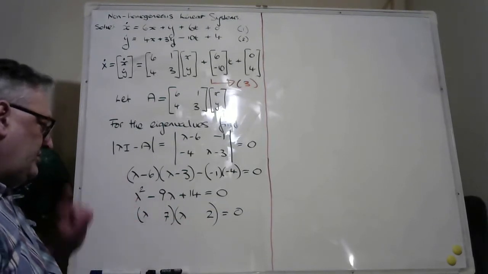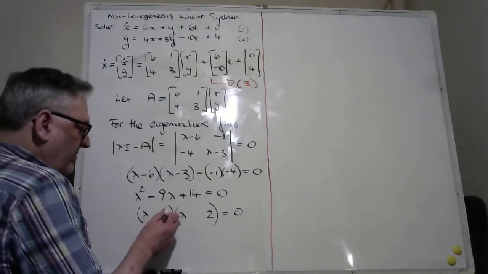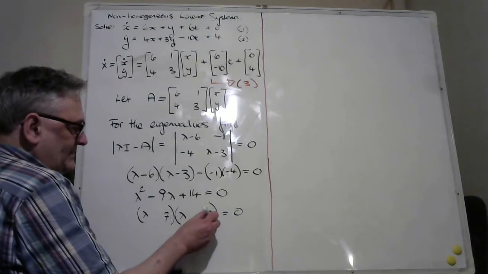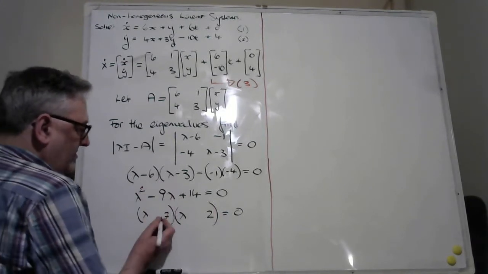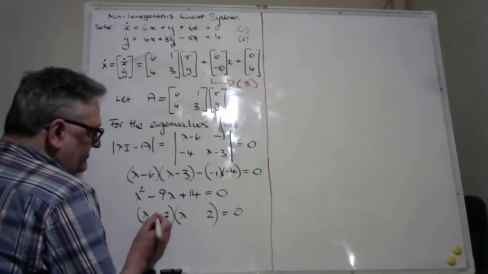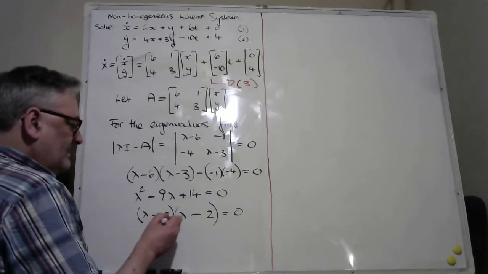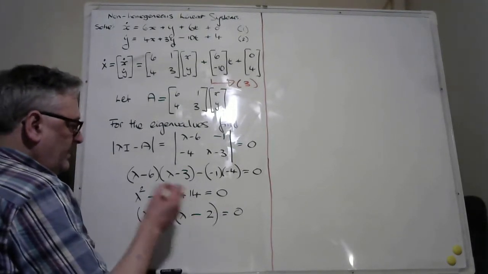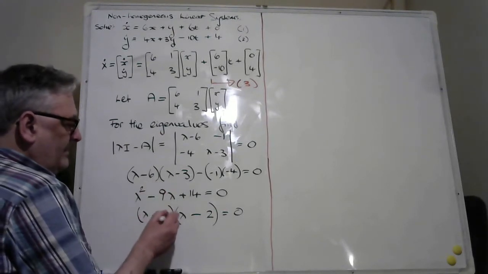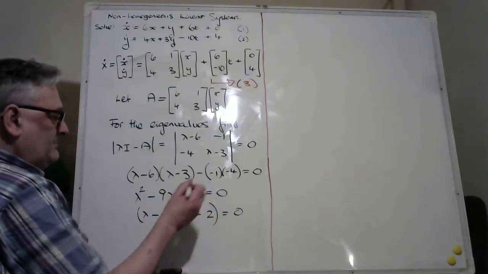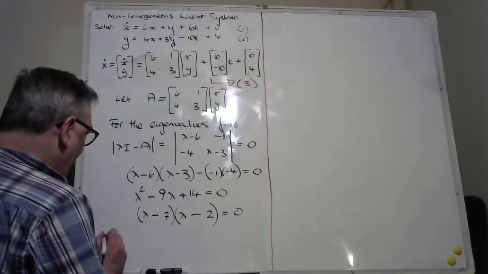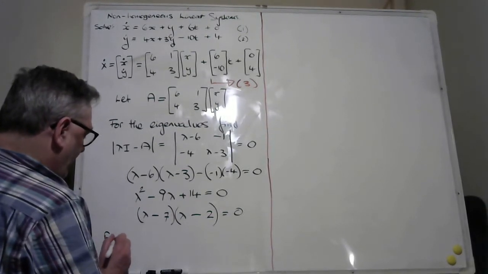But which? Well, we want those two numbers which, when added together, give minus 9. So this must be minus 7 and this must be minus 2. Minus 7 minus 2 is minus 9. Minus 7 times minus 2 is plus 14.